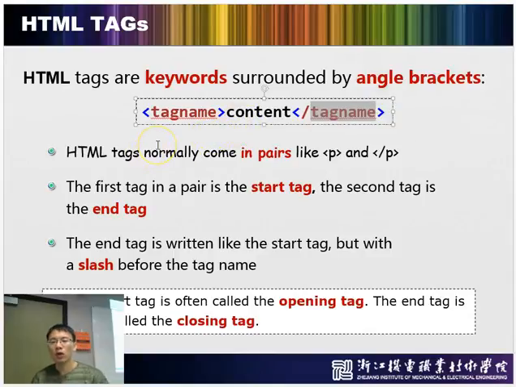HTML tags normally come in pairs like P and /P. The first tag in a pair is the start tag. The second tag is the end tag. The end tag is written like the start tag, but with a slash before the tag name.